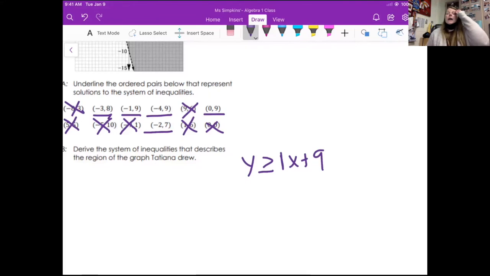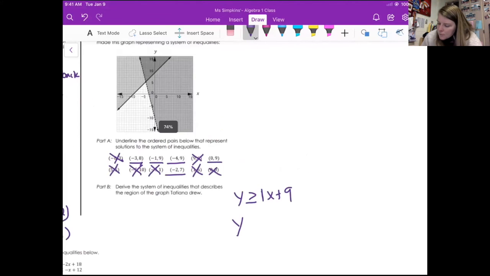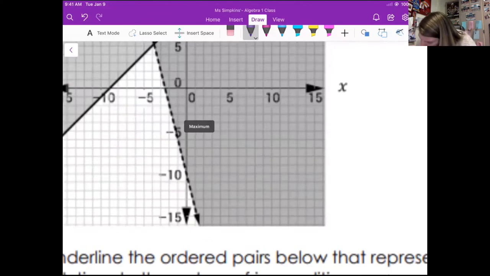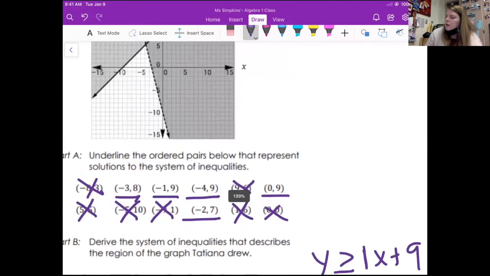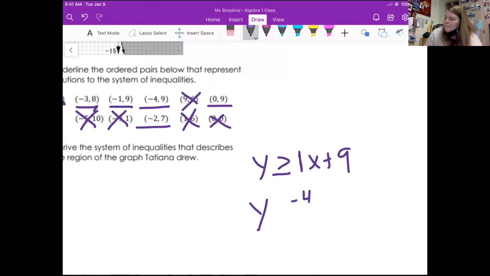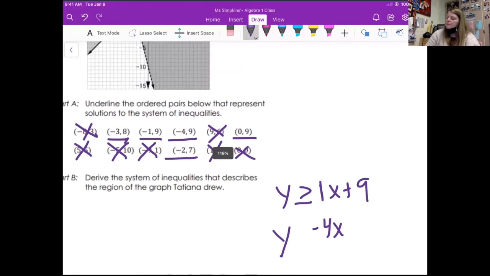So let's look at the dotted line. What is the slope of the dotted line? I think it's -4. Double check me on that. I'm pretty sure it's -4. So remember, my slope goes in front of my x. Where does the dotted line cross the y-axis? -10.